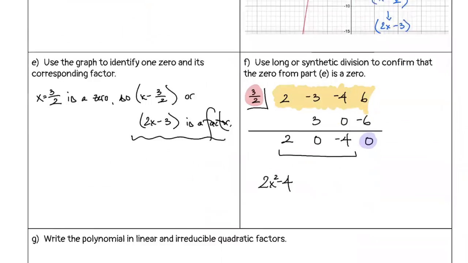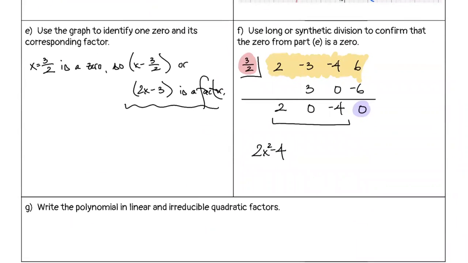What did we do to get the actual quotient? We have to divide by that leading coefficient. When we divide by that leading coefficient, we're going to get x squared minus 2.